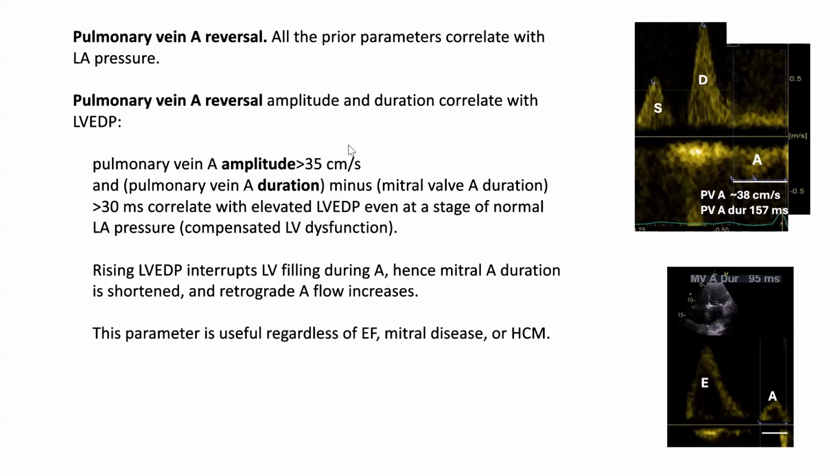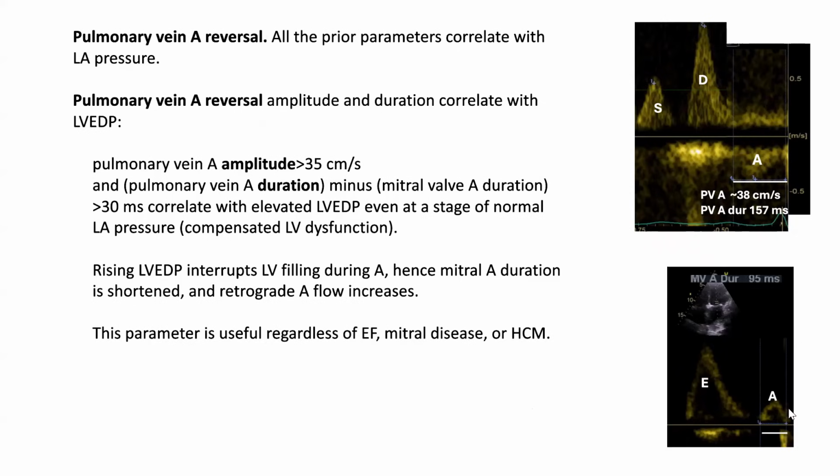Now, what is abnormal pulmonary vein A reversal? It is abnormal when it is large in height, more than 35 centimeters per second, or when it is prolonged, more than the mitral A wave by 30 milliseconds. And how do we explain that? What happens if you have a high LV end-diastolic pressure? That rising LV end-diastolic pressure will interrupt the LV filling during the atrial contraction.